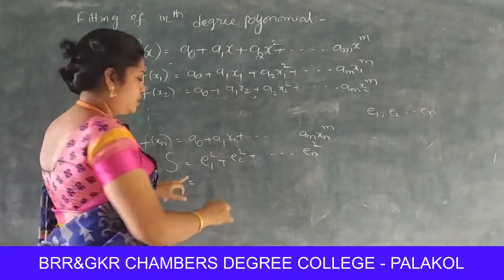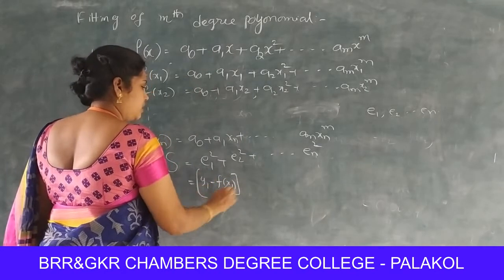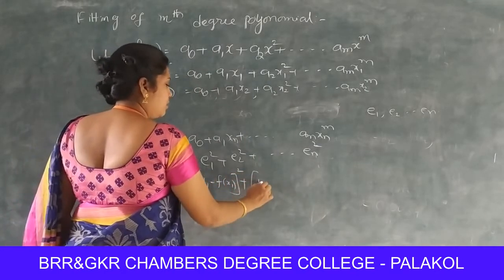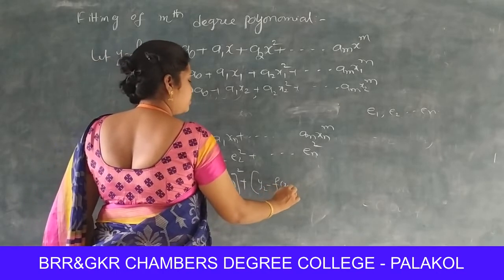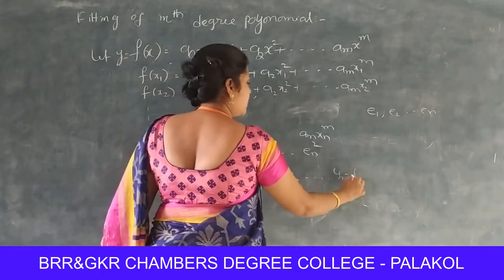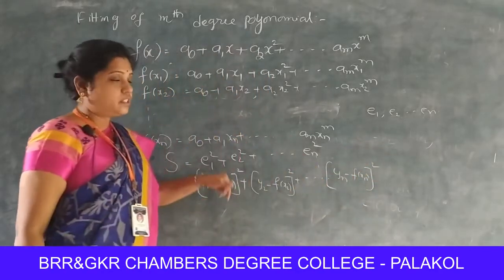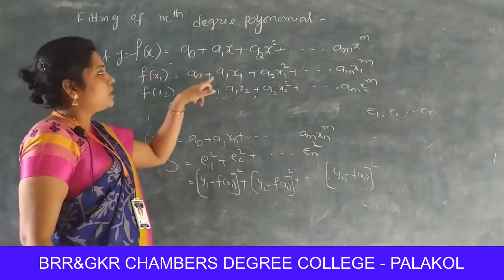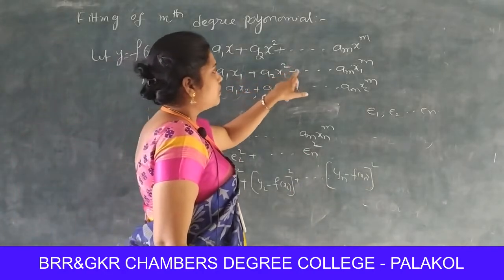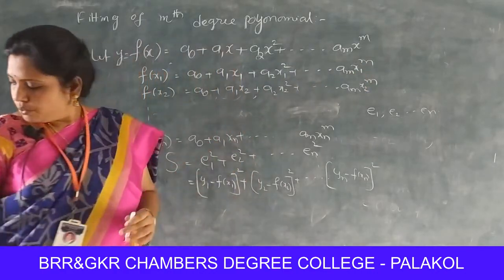Here E1 is y1 minus f of x1 whole square plus y2 minus f of x2 whole square and so on yn minus f of xn whole square. Now f of x1 is nothing but a0 plus a1 x1 plus a2 x1 square and so on am x1 power m.